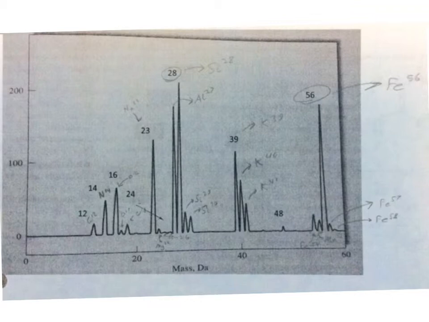But if we look at the relative abundances of the potassium isotopes, we see that the potassium 40 isotope has a much smaller abundance than the potassium 41. And this doesn't make sense with the way we've labeled it, because the potassium 40 peak is higher than the potassium 41 peak. So, utilizing that information, we know that we've labeled the 40 peak incorrectly.